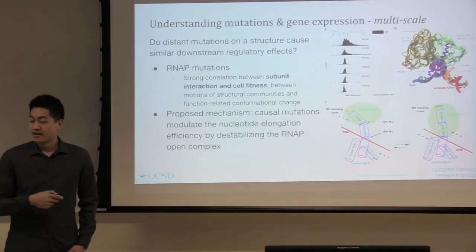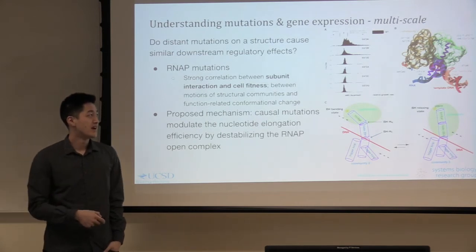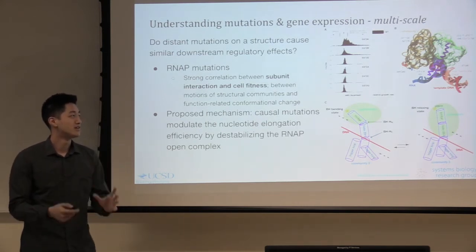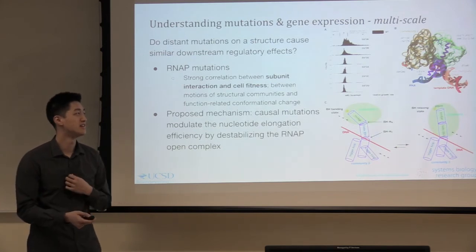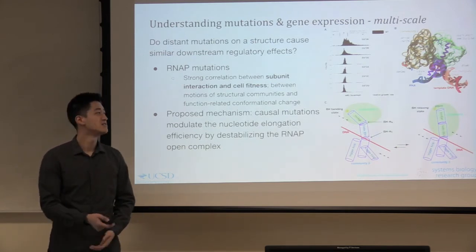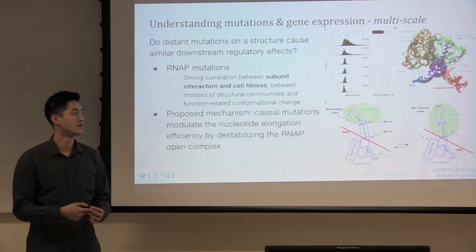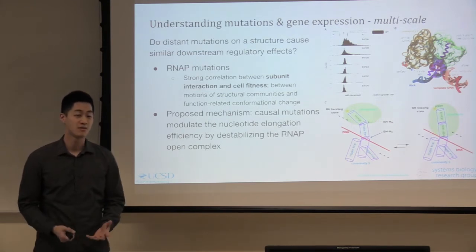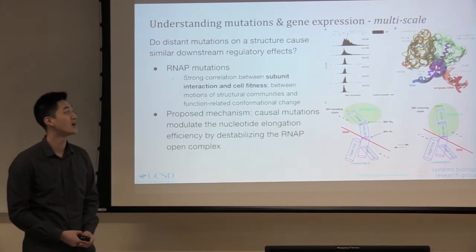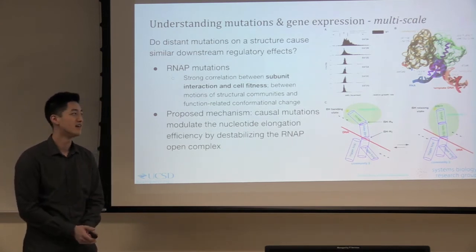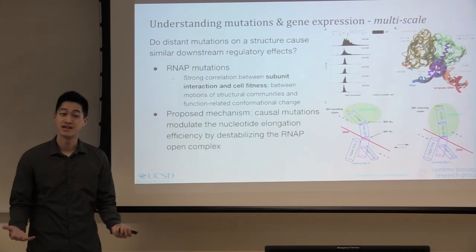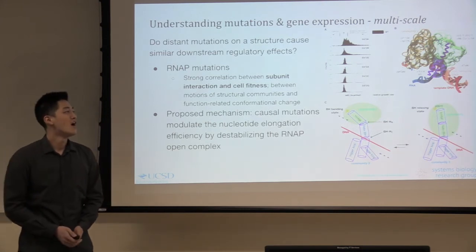And so yet another study that used molecular dynamics was to try to understand the mechanisms behind mutations in RNA polymerase. We have a couple of experiments called adaptive laboratory evolution experiments going on, where we try to evolve E. coli under different conditions and sequence it and see what has changed within this bacteria.